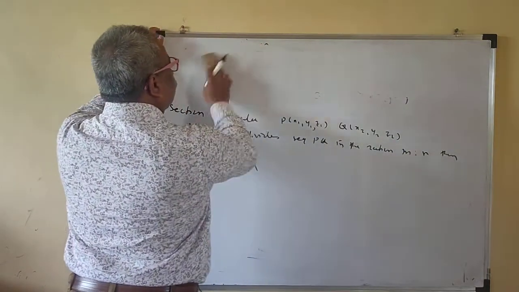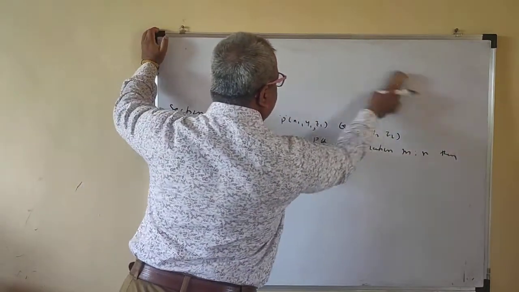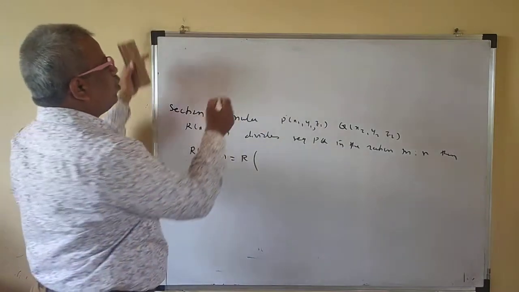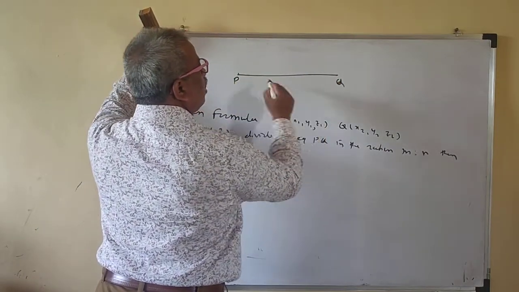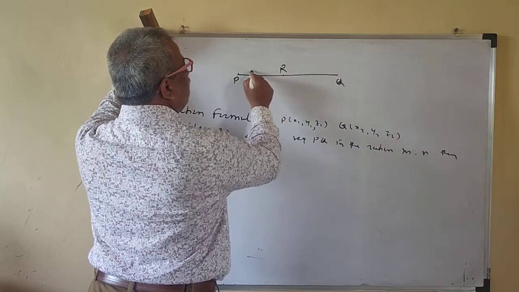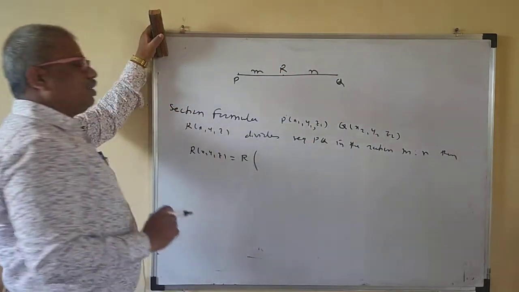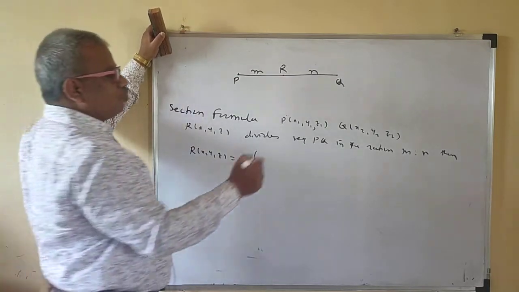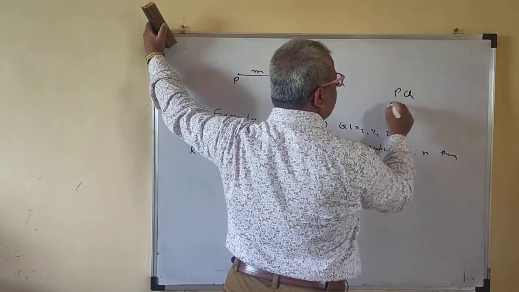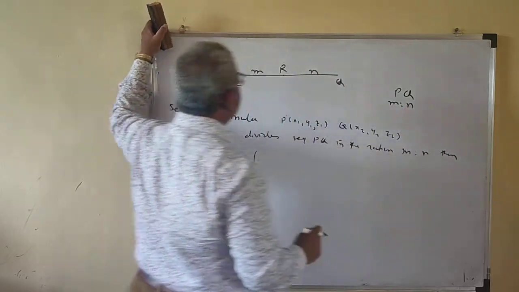Now suppose you have the points P and Q, and this is the line, with P here. Now R is here, suppose we divide the segment PQ internally in the ratio m is to n.